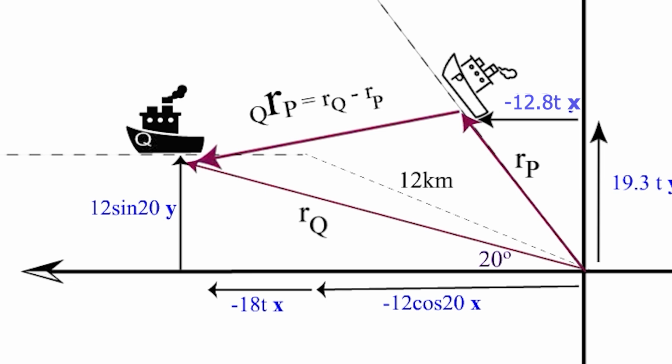The 12 sine 20 in the y direction, well, that's constant, but it's not travelling in the y direction. It's not travelling north or south. It's just travelling due west. So those are the x and the y components of boat Q. And similarly, we explain the x and y components of boat P, which started, remember, at the origin.